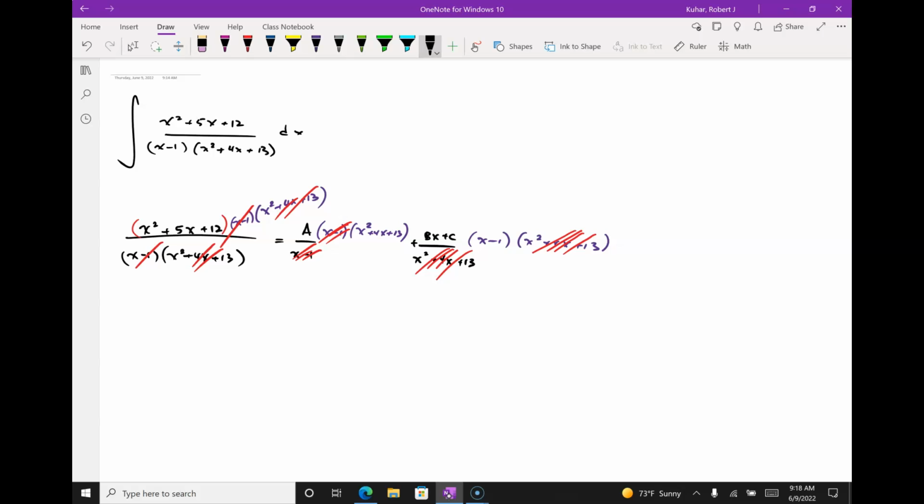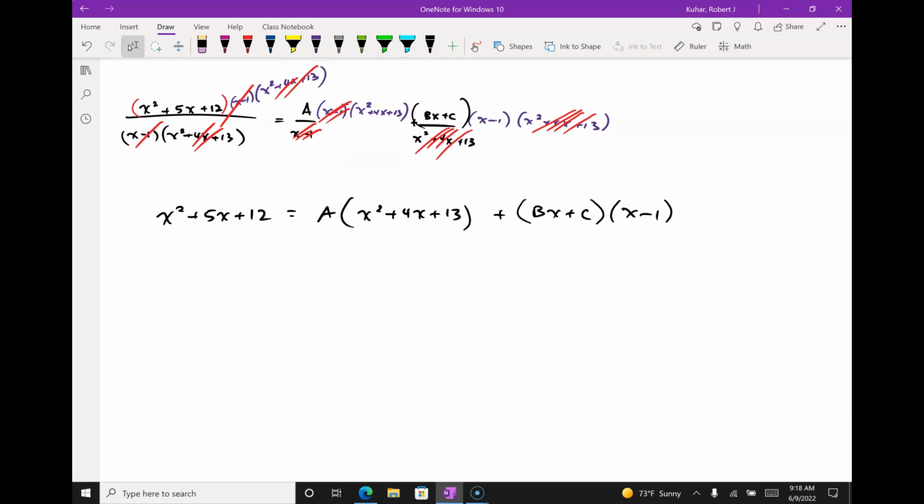Okay, so now I'm rewriting, right? x squared plus 5x plus 12 equals a times that quadratic plus bx plus c, oops, parenthesis, times x minus 1. Yes, everybody with me?